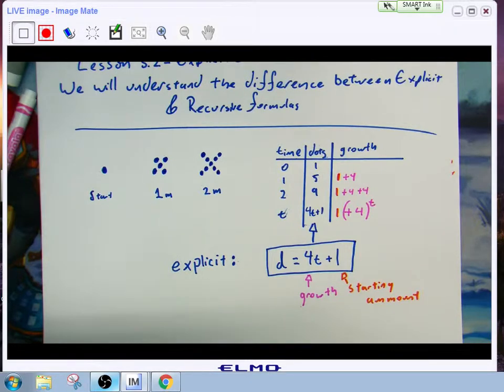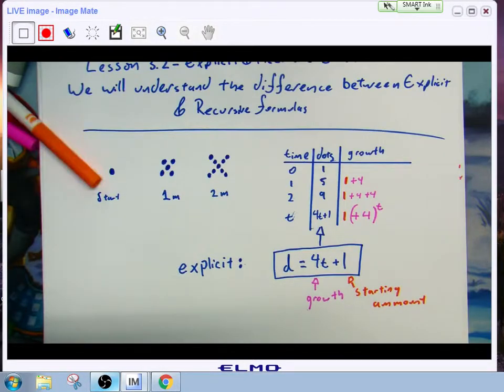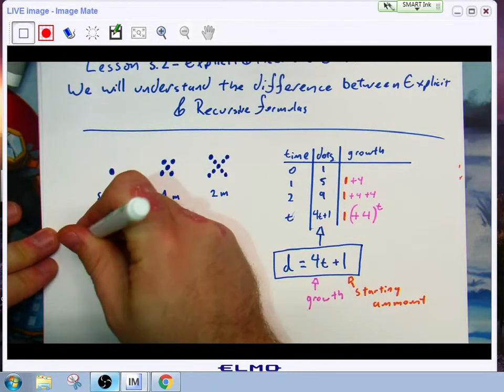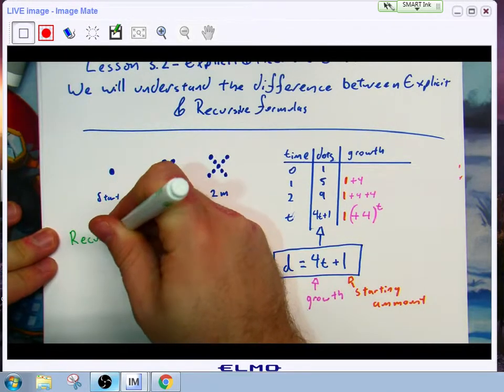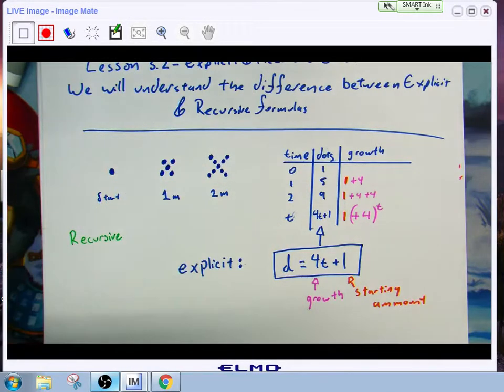But what I want us to think about is, in addition to explicit, our brains are doing another complicated feature. Our brains are also thinking recursively. Recursive. What does recursive mean?